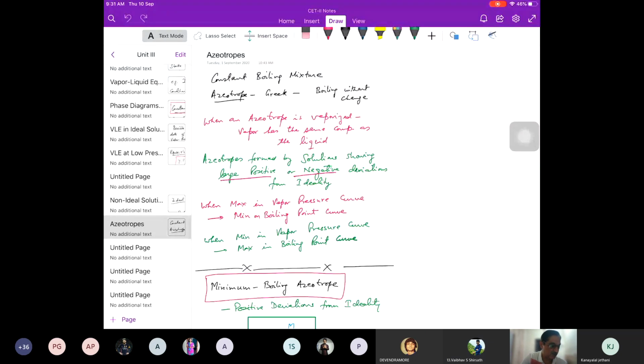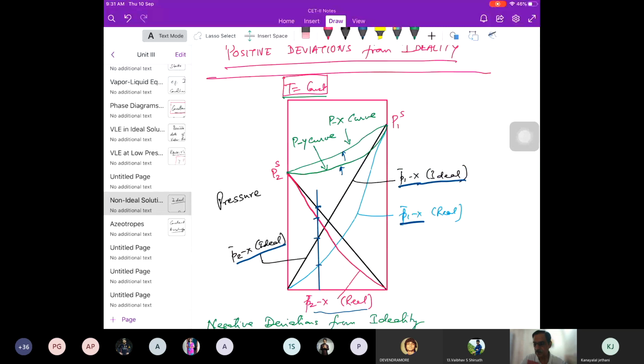Once we understand this, now we'll talk about azeotrope. Azeotrope सुना है आप लोगों ने? What is azeotrope? क्या होता है azeotrope? So, azeotropic distillation.